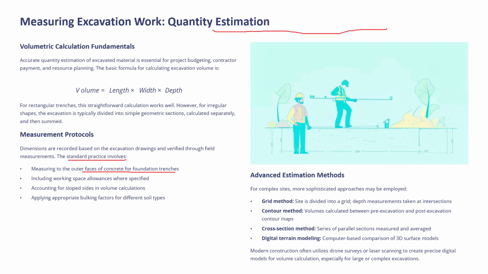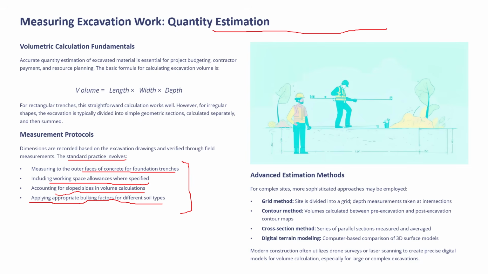The measurement also includes working spaces allowed where specified, and accounting for slope sides in volume calculation. Maybe we have to apply appropriate bulking factors for different soil types. These things are very important while you do calculation work for quantity estimation of excavated work.